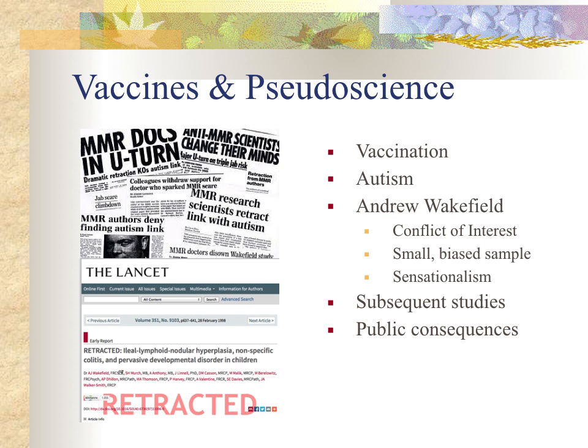Vaccines are really highly tested and monitored, and this has had really dire public consequences because it's reduced the number of people willing to vaccinate their children. And so now we're having outbreaks of measles, of rubella, of various other diseases that are completely preventable with vaccines. And so a good example of pseudoscience.